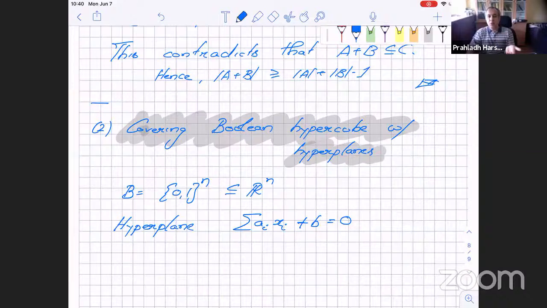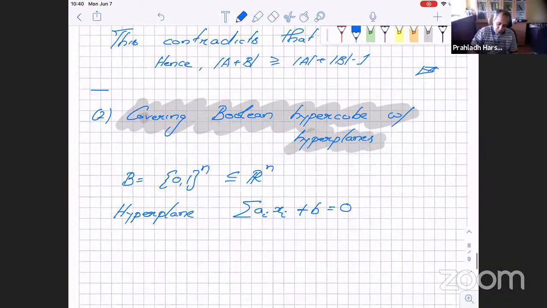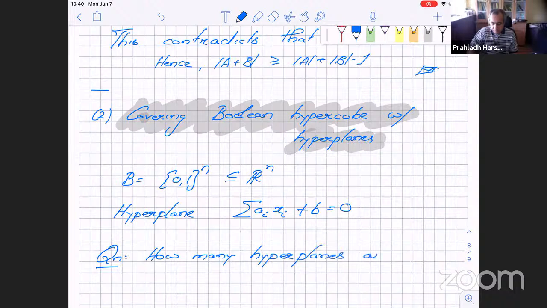I want to pick as few hyperplanes as possible. The question is how many hyperplanes are needed to cover B.